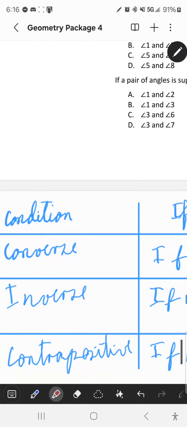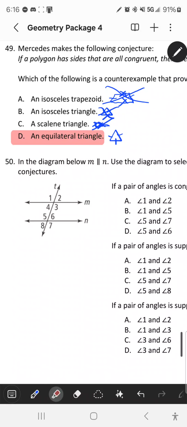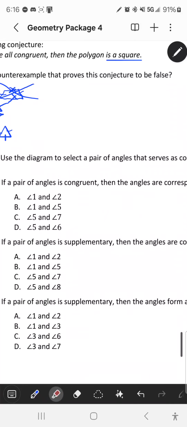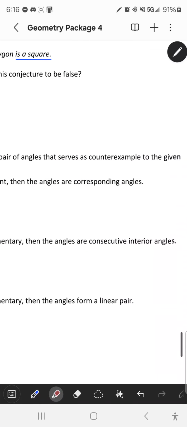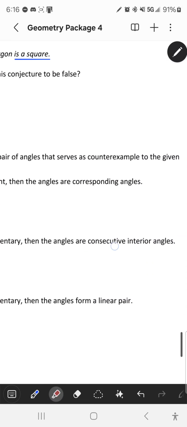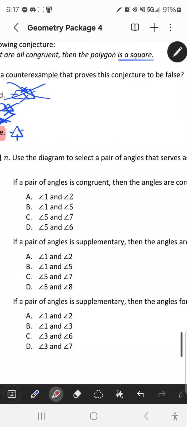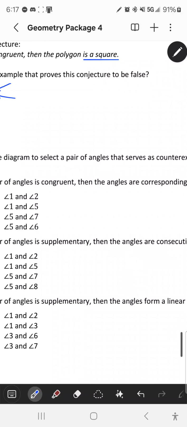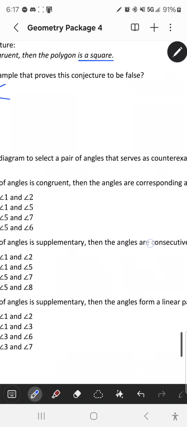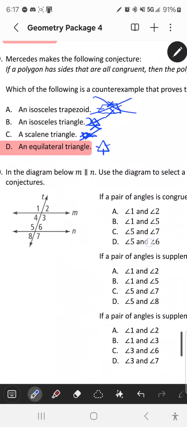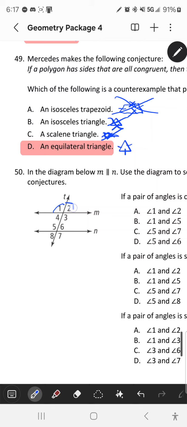Now, 50. In the diagram, okay, this is the last question. In the diagram below, m is parallel to n. Use the diagram to select a pair of angles that serve as a counterexample to the given: if a pair of angles is congruent, then the angles are corresponding angles. So, first, let's see 1 and 2.